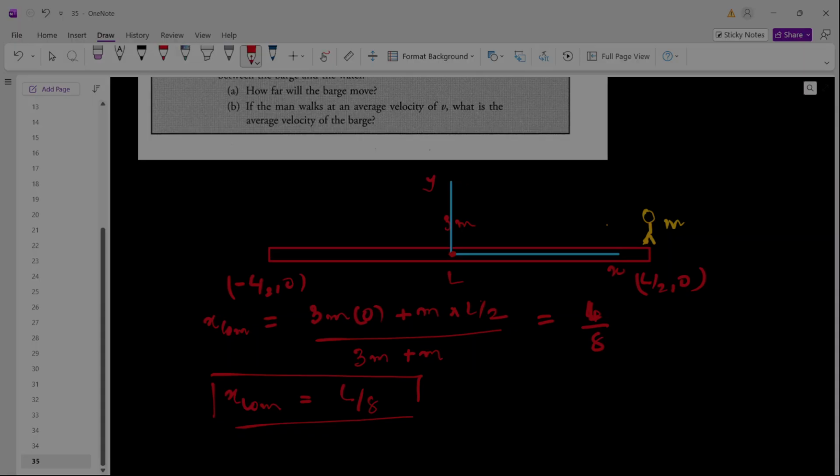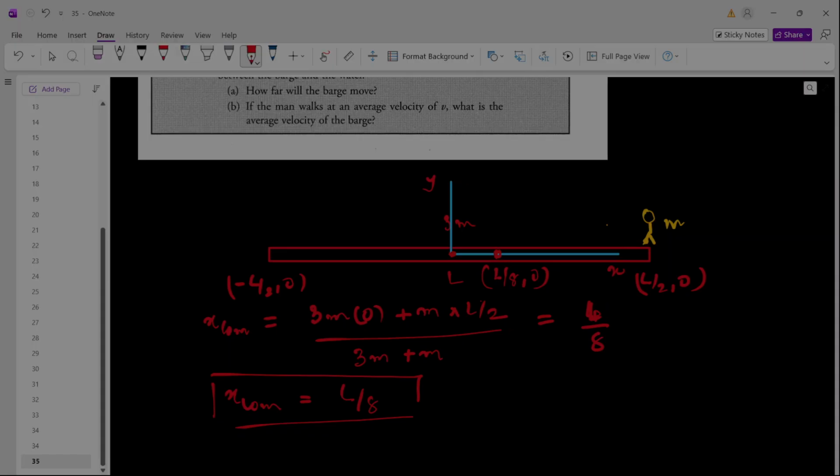So right now, the center of mass of this system is somewhere here, with the coordinates as L divided by 8, comma 0. The x coordinate is L divided by 8 and the y coordinate is 0, right?